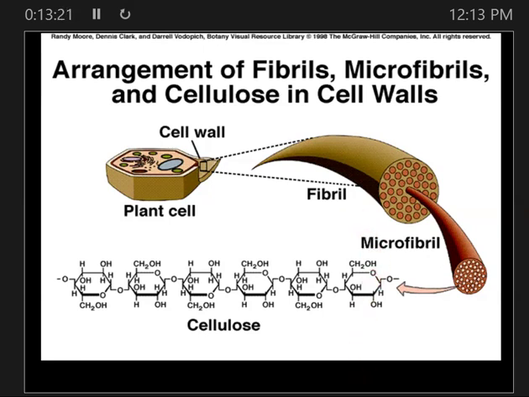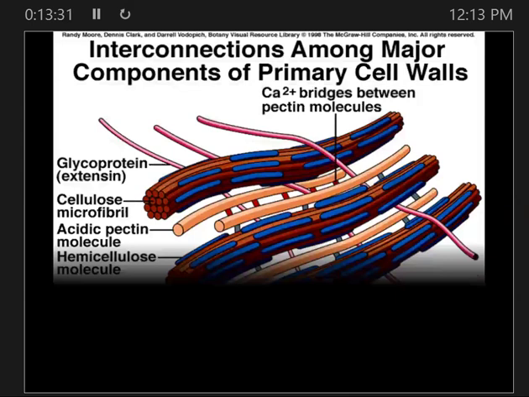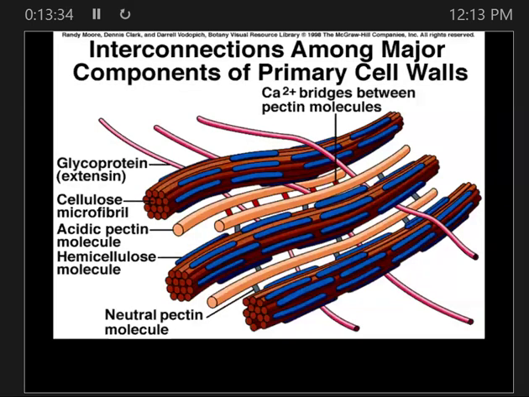I often use the analogy when you're thinking about a cell wall of a plant that it's like reinforced concrete. If you've ever been to a construction site where they are putting down the steel rebars and then the cement mixer truck comes along and pours the cement across the rebar, and then it solidifies up into concrete.